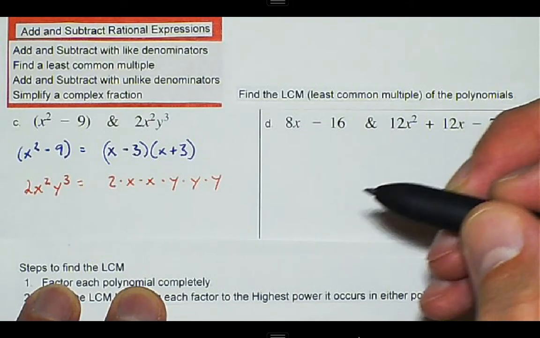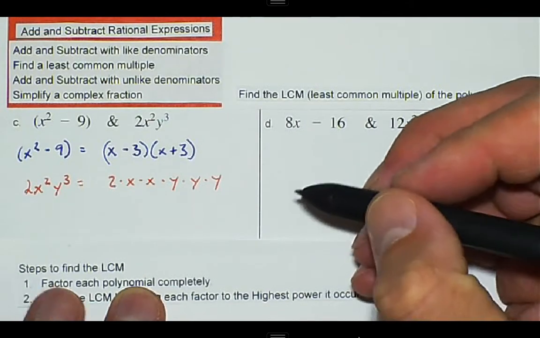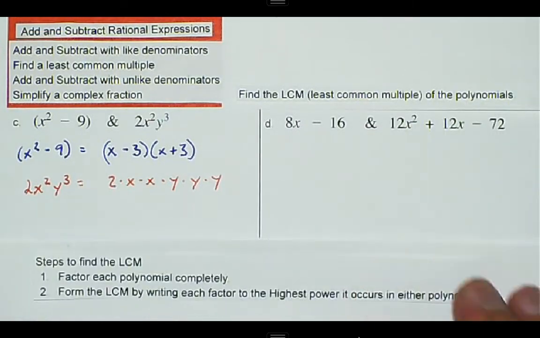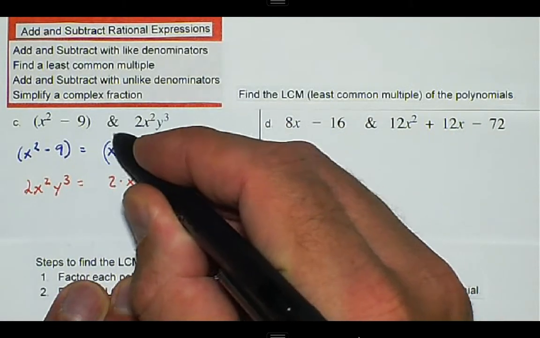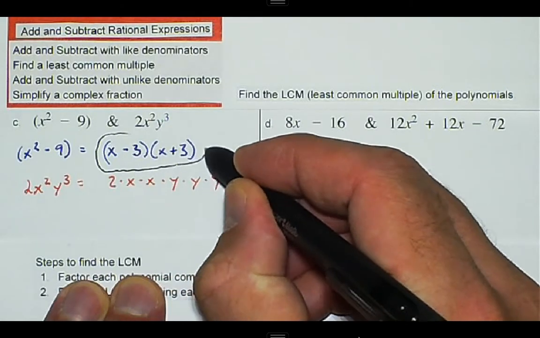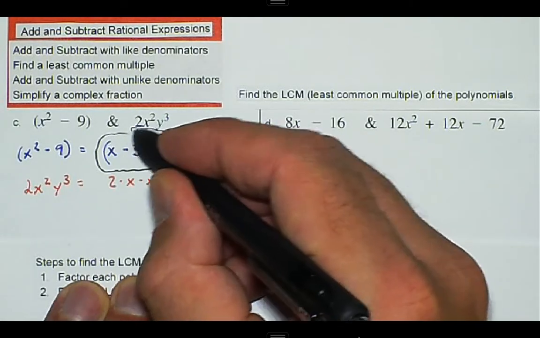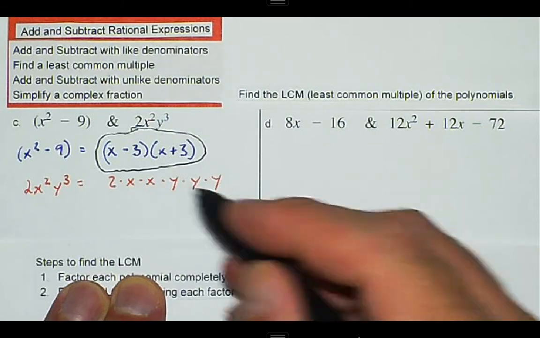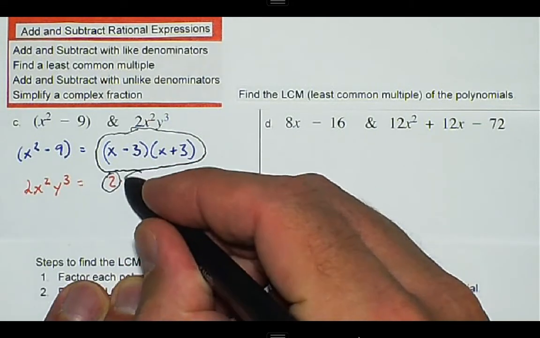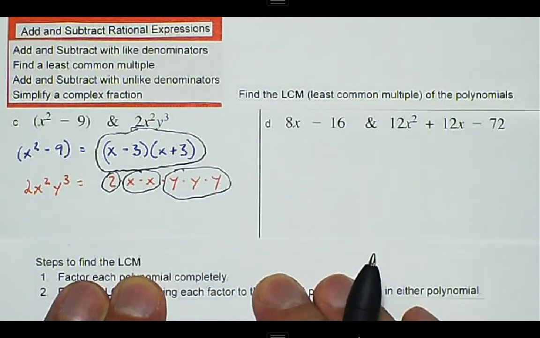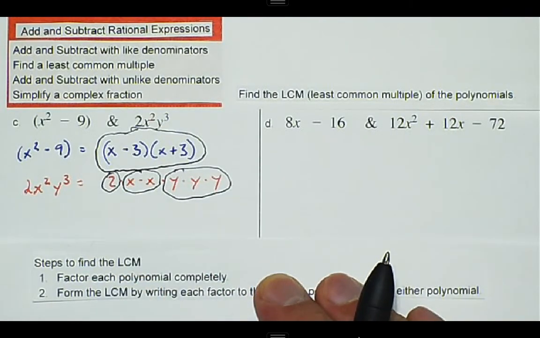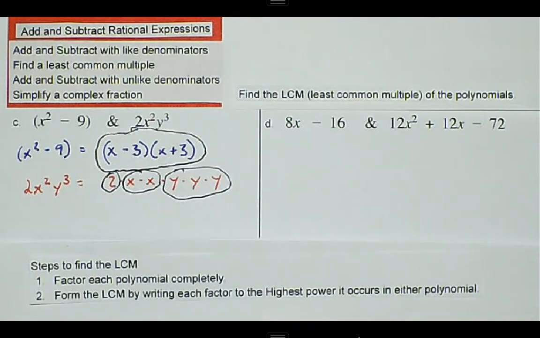So the next step that we look at is to find the highest power for each occurrence in the polynomial. So in this one, we have x minus 3 and an x plus 3. We have a 2, we have an x squared, and we have a y cubed. All those things need to make it into the least common multiple.